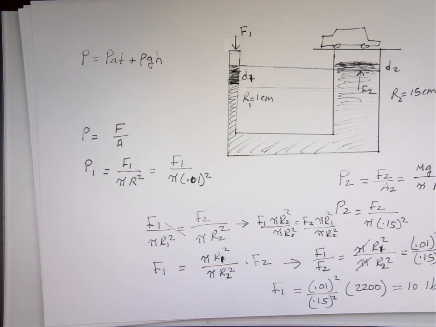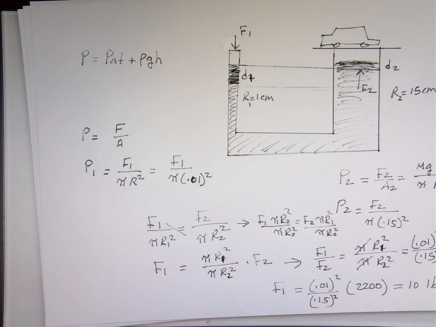If you can design something where the tube is not going to burst, then you don't have to push that hard to lift anything. 10 pounds will lift a car that's 2,200 pounds. You can put a 10-pound newborn baby on top of it, and you'll see that car go up.